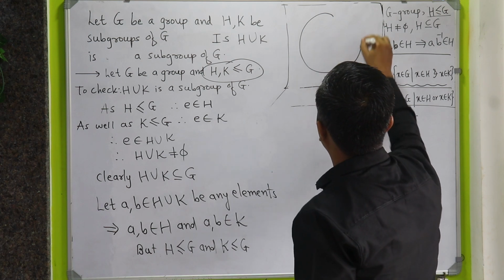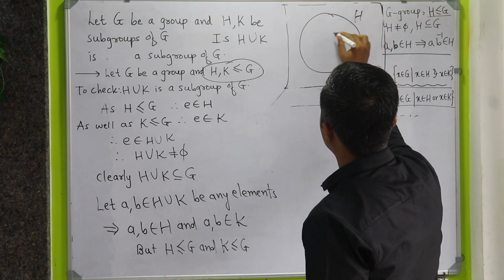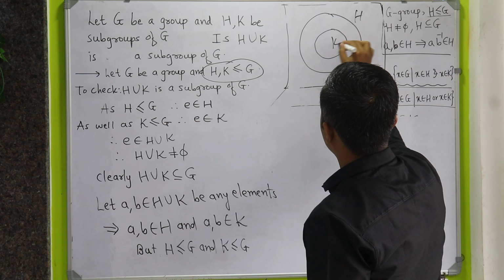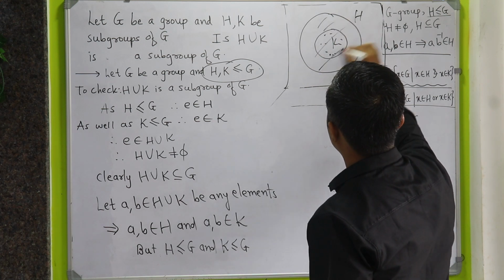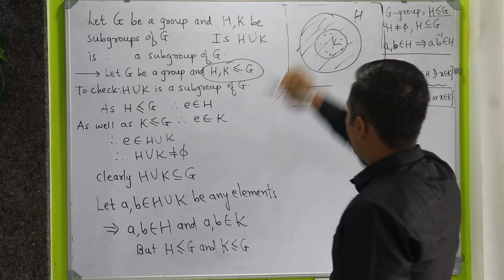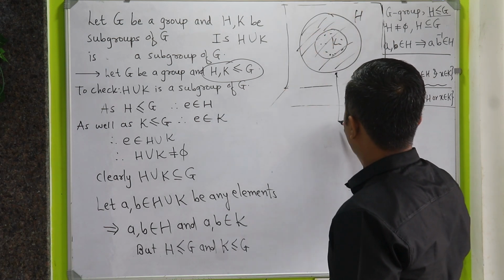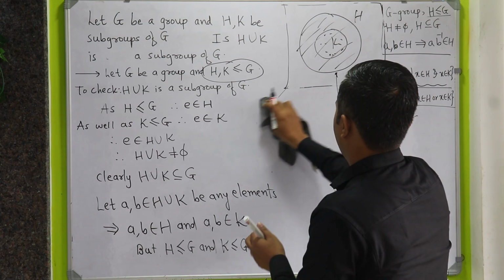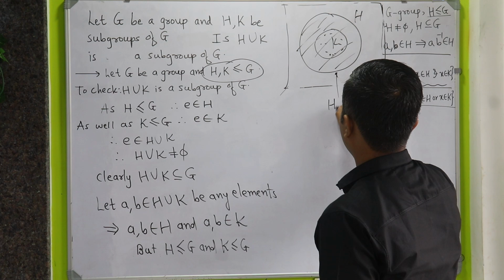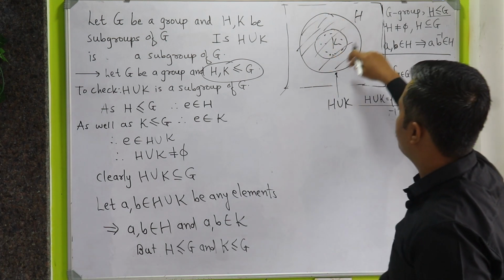So let us say this is my H, right? And let us say this is my K. And this completely is my H. Now, if I take two elements of H union K, now my H union K is nothing but this part.